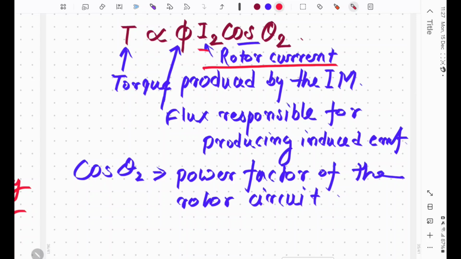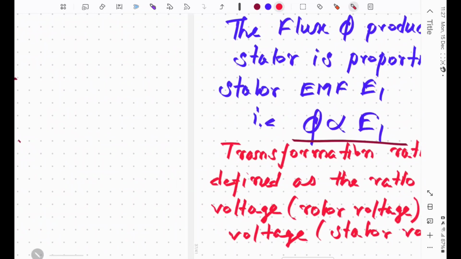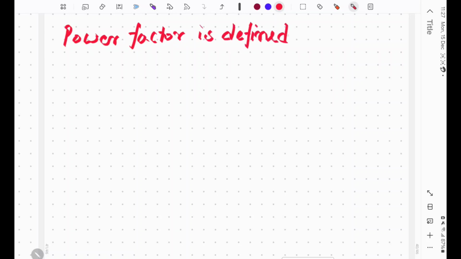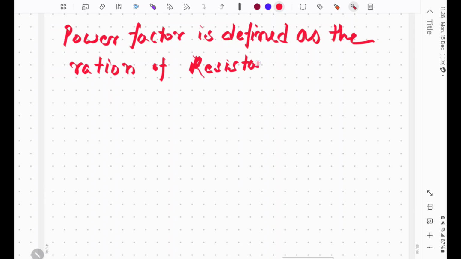Next we will find the power factor, that is cos theta 2. Let's understand how we can derive it. We know that power factor is defined as the ratio of resistance to impedance.